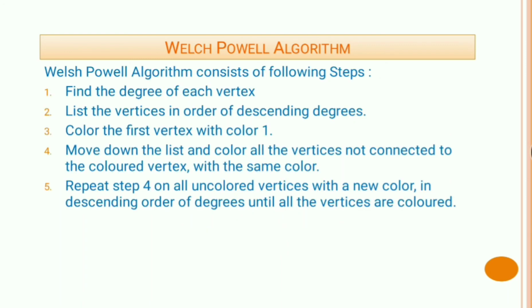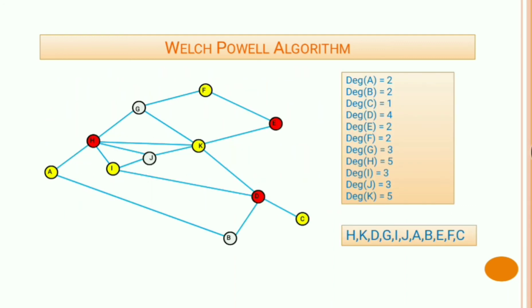So next step, repeat step 4 for all uncolored vertices with a new color in descending order of degree until all the vertices are colored. So we'll repeat the previous step with a new color. After H I have K. So I will color K with a new color, yellow.